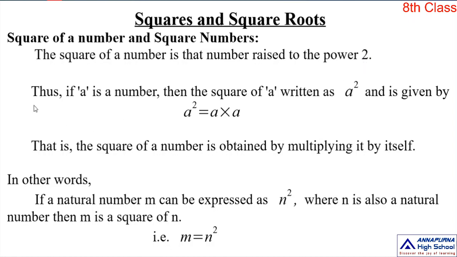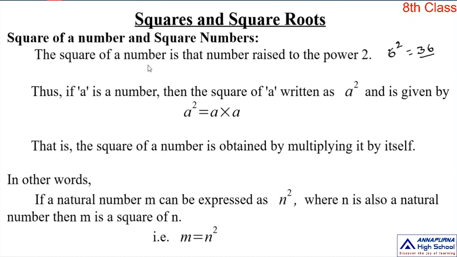Observe the definition carefully. If you take 6 and raise it to the power of 2, that means 6 square. What is the value of 6 square? It is equal to 36. Why? Because as per our definition of powers and exponents, 6 square means 6 into 6, which is 36. That 36 is called a square number.